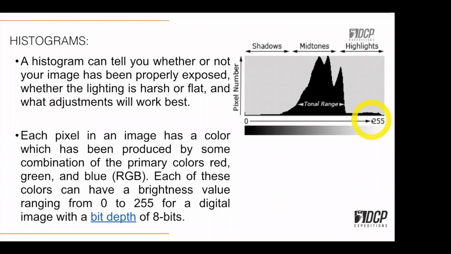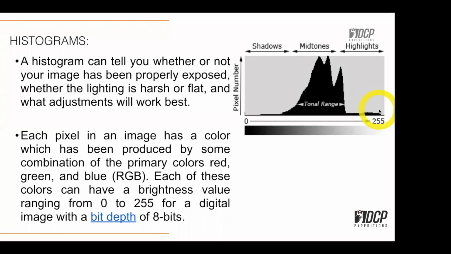So in the histogram, the x-axis is the number of pixels and the y-axis is the tonal range. 0 is your black, 255 is your white. This means that there are a total of 256 tonal ranges, so including 0, it is 256.